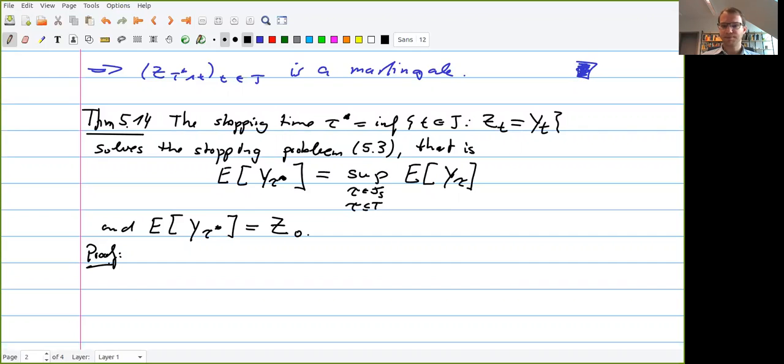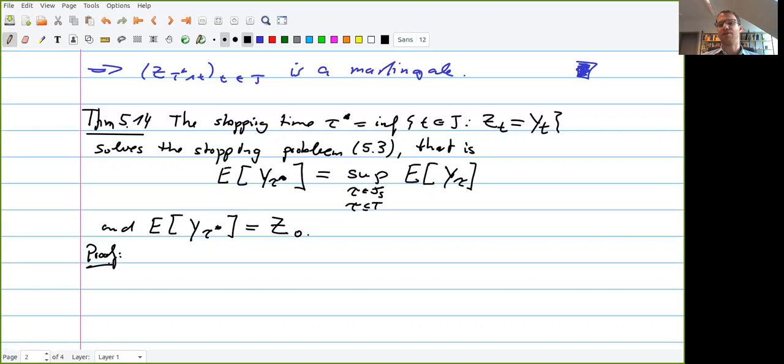And the moment you hit the stopping time tau star, your process turns into a supermartingale, which is an unfair game, a game which is not in your favor. So this is the moment you decide to stop playing. You play as long as it's a fair game. The moment it becomes an unfair game, you stop.